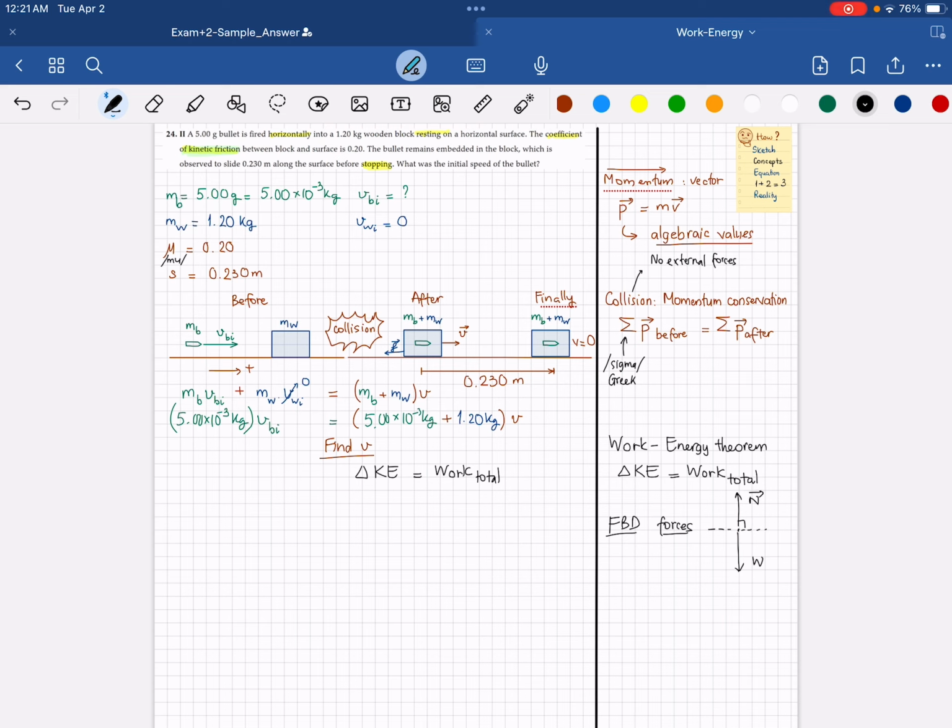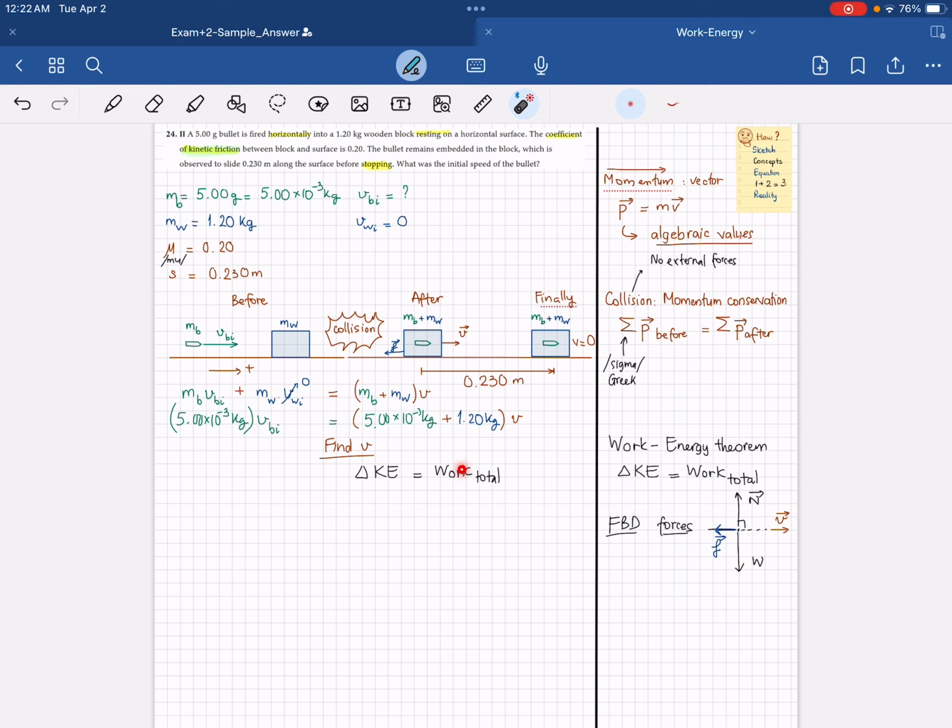So both the weight and the normal force are perpendicular to this one, and actually that's also perpendicular to the direction of the motion. Then we also have mu, which is the coefficient of kinetic friction, which means there should be some friction in the opposite direction to the motion. So now we have all the forces.